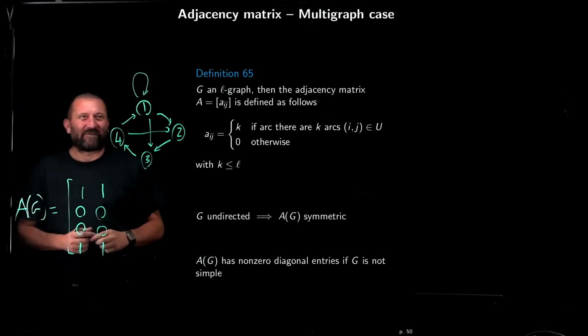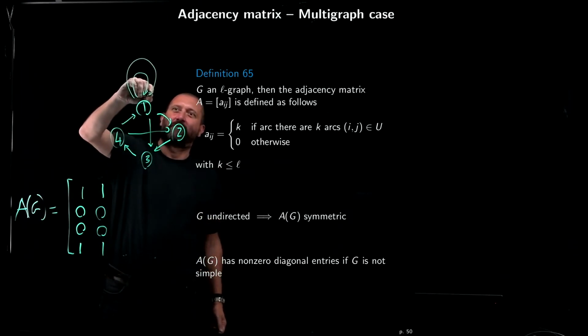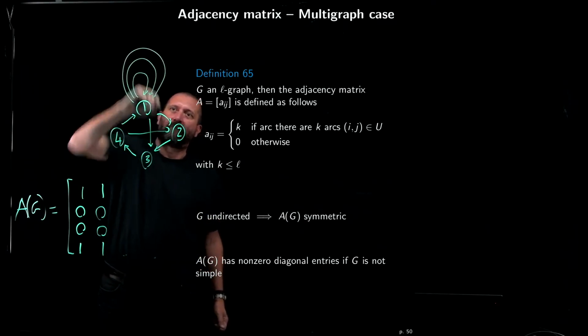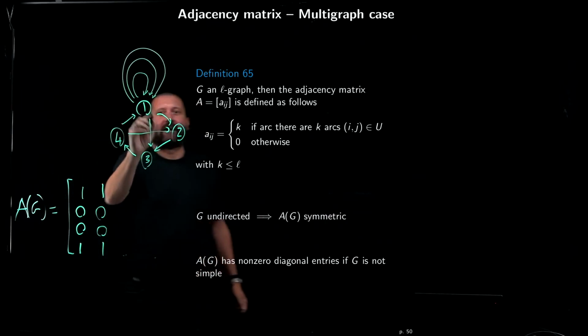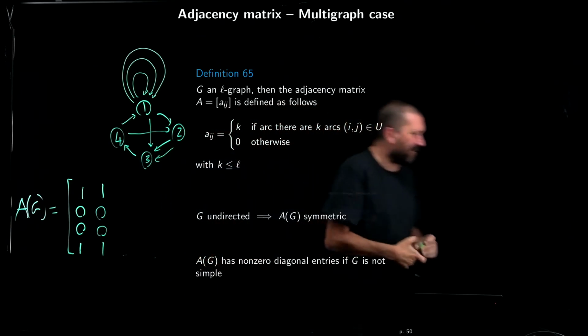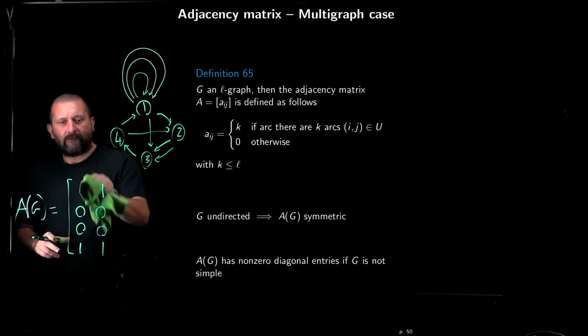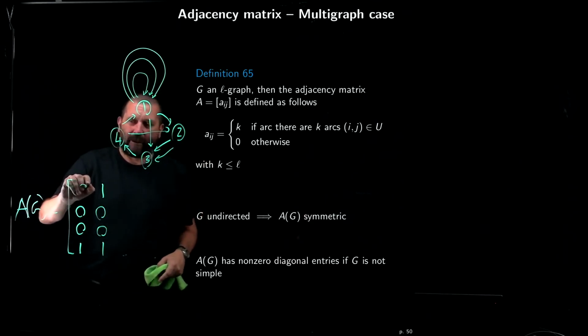Okay, so let's suppose this is a multigraph. How would I make a multigraph out of this? Well, I could say, for instance, that there are 3 arrows here and 2 arrows here. How would I change the matrix to reflect this? Well, here I would have a 3.